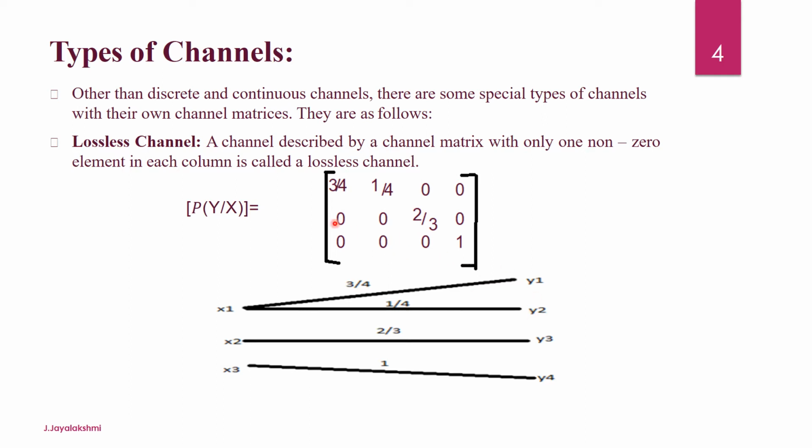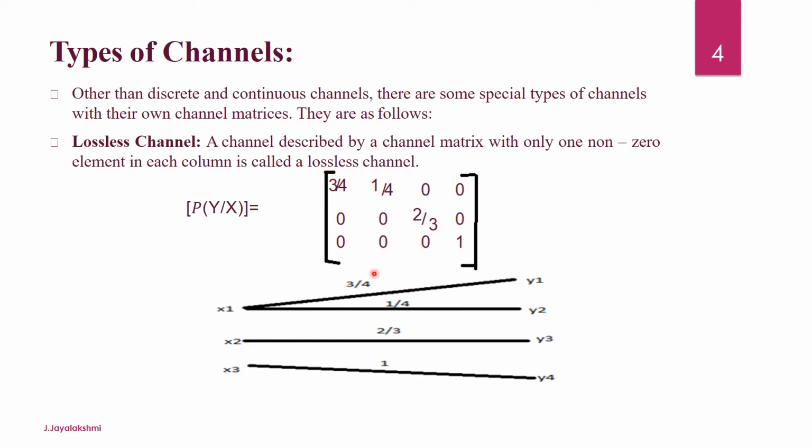Similarly, x2 is not connected to y1 and y2, so the probability is 0, 0, whereas x2 transmitted and y3 received is 2/3, and x2 transmitted and y4 received is 0. Similarly, x3 is not received by y1, y2 and y3, so these three elements are 0, and x3 to y4 has a probability of 1. This is how you form the channel matrix.